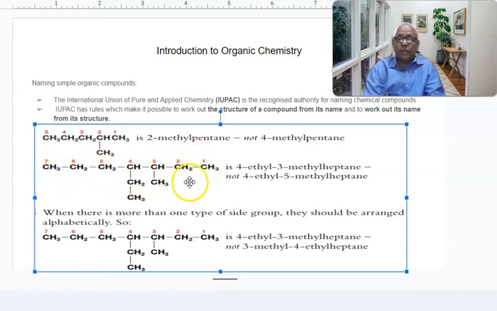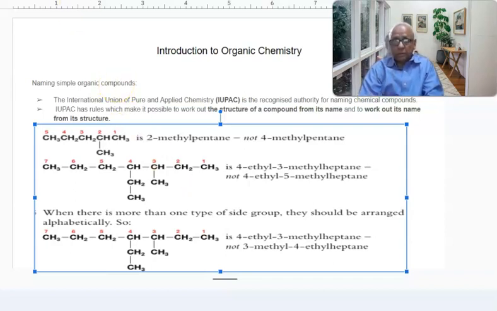And next, then we have to see what are the branch chains. Here we have 2 branch chains. One is at 3 position, another is at 4 position. So what you call 4-ethyl 3-methyl pentane. Do remember also the branch chain to be named according to alphabet.